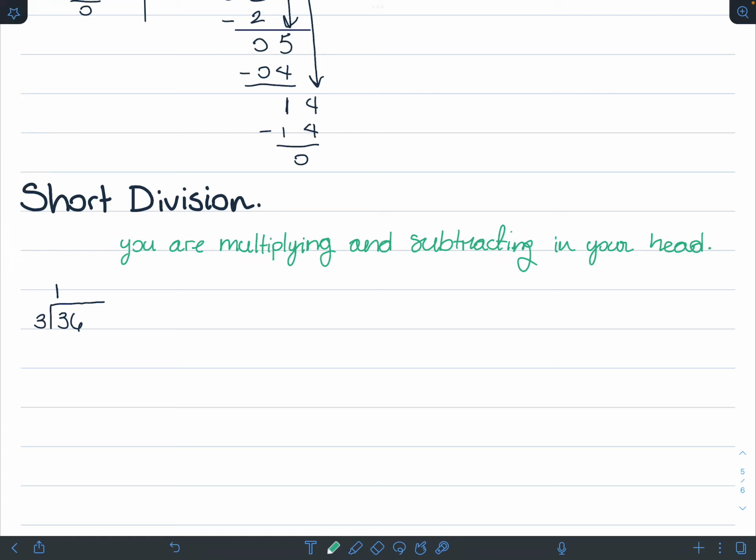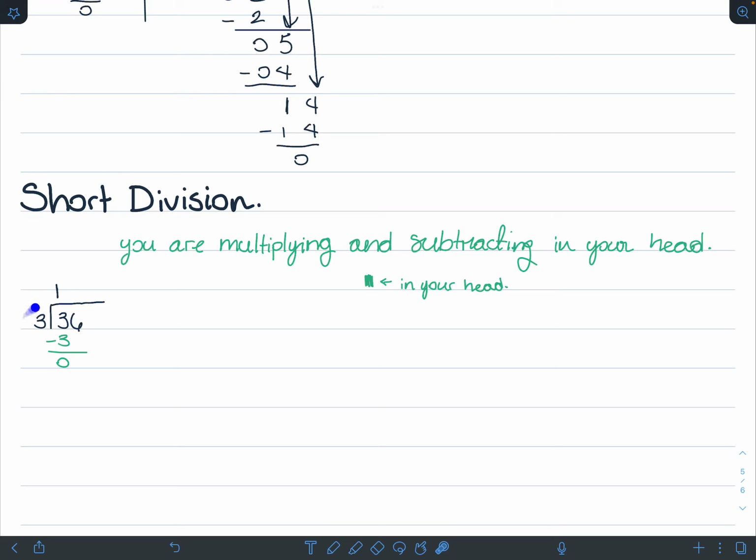Let me just write this down. This color signifies that it is in your head. So in your head, you are saying that 3 minus 3 gives me 0, and you know that, so I don't need to write this down.